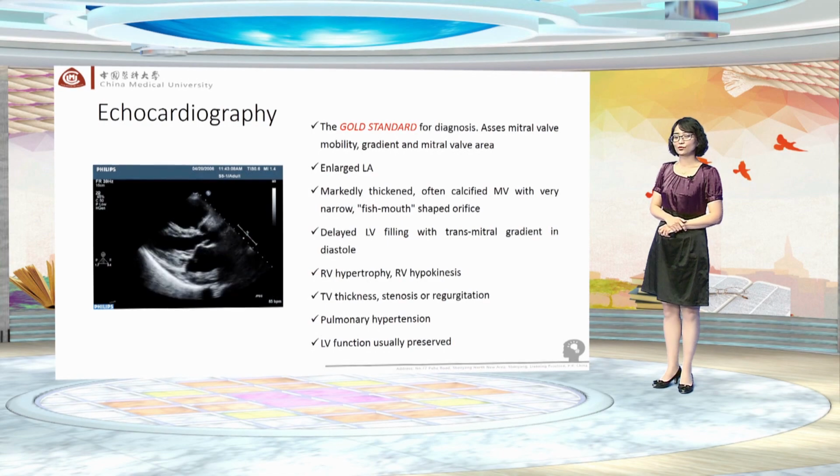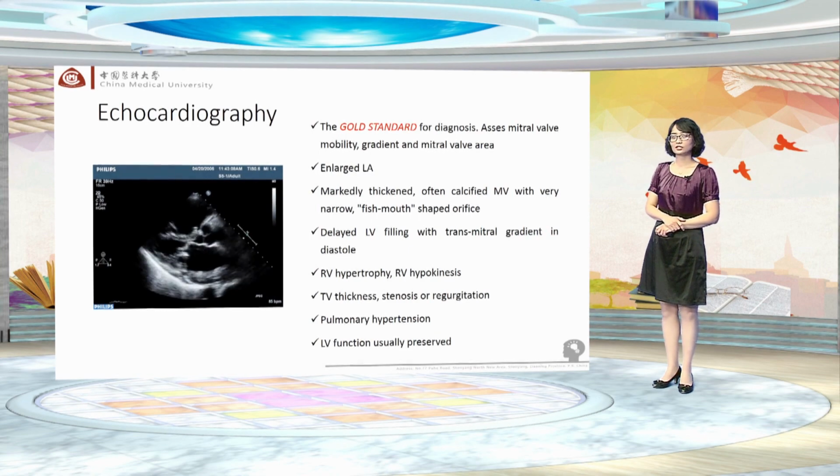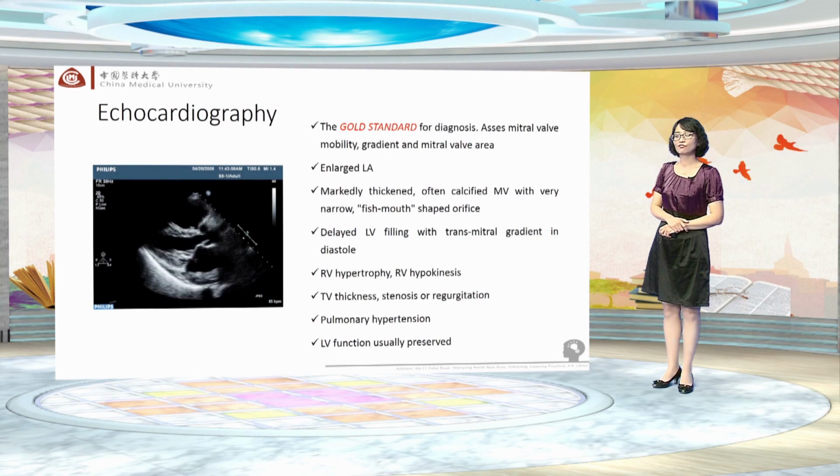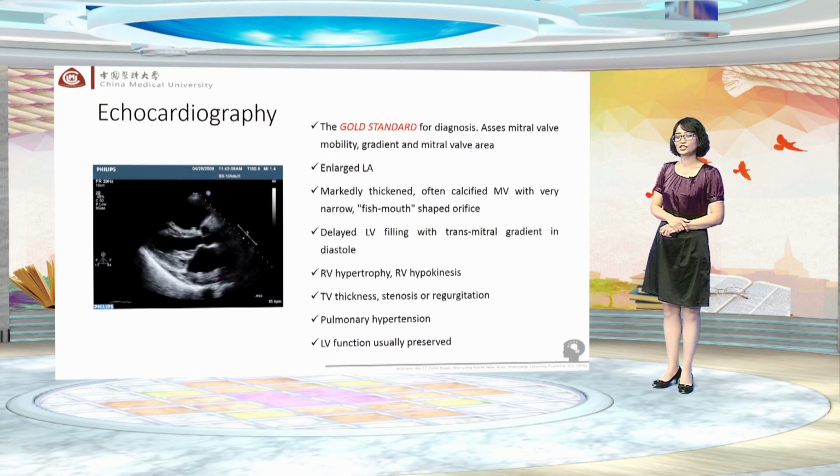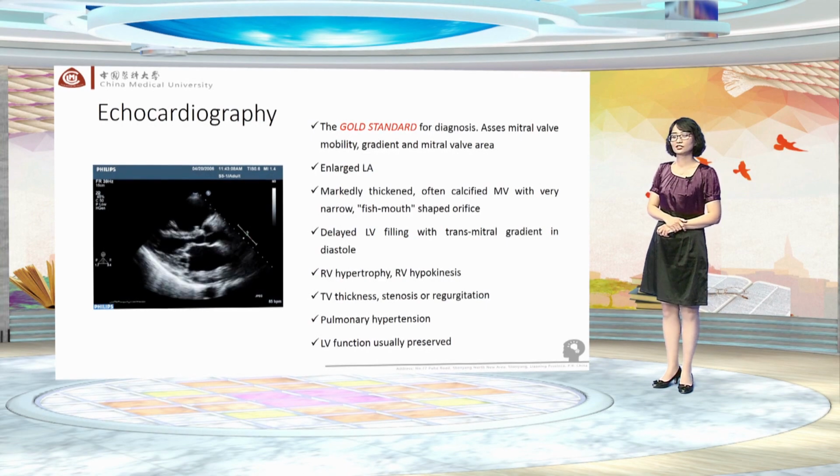The left ventricle is usually normal size. Sometimes we can also find the signs of right ventricular hypertrophy, tricuspid valve regurgitation, and pulmonary hypertension.